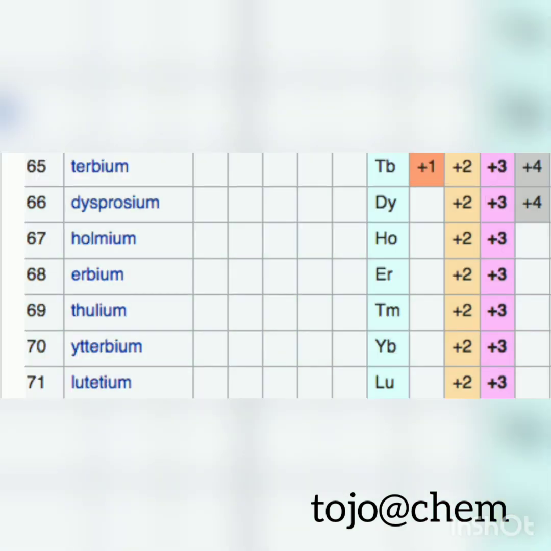But terbium is another element which also exhibits the +1 oxidation state, and terbium and dysprosium both are able to exhibit the +4 oxidation state. But you can see that all other elements exhibit +2 and +3 oxidation states.